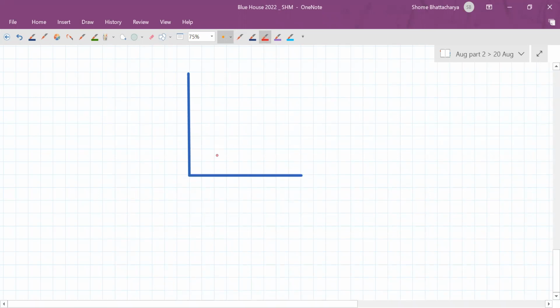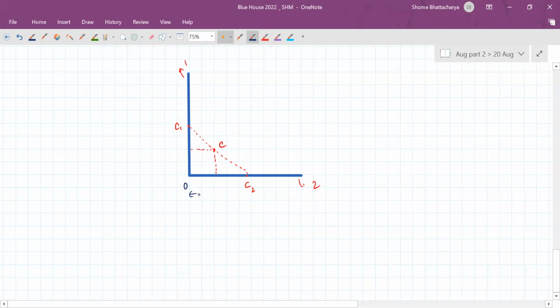You can understand it this way: this is the center of mass of one part, object 1, and this is the center of mass of object 2. The center of mass of the whole will be at the midpoint of this line. Interestingly, this will be at a distance of L/4 from the corner.